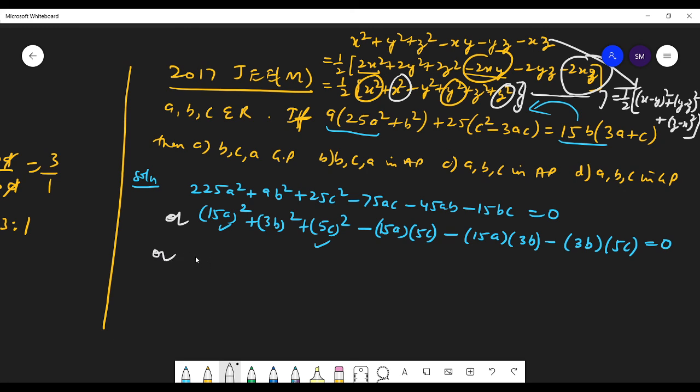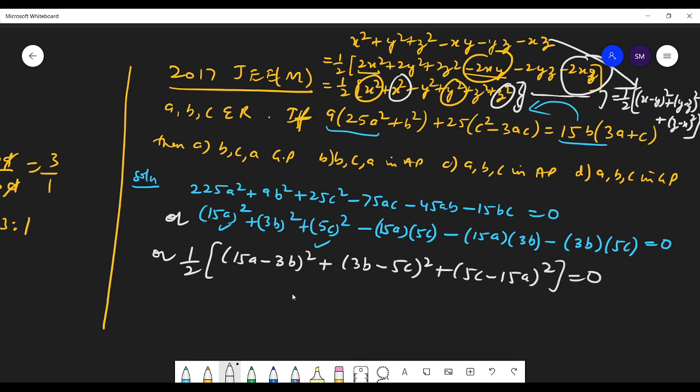Yes, sir. So can I write it as half into 15A minus 3B whole square plus 3B minus 5C whole square plus 5C minus 15A whole square, and that's equal to 0. See how many terms are here? Three terms, and all are positive terms because they are squares of real numbers.